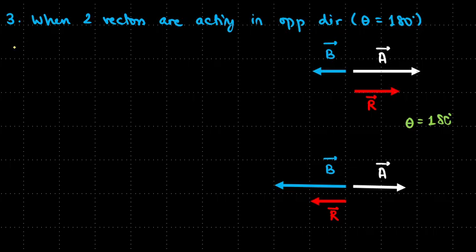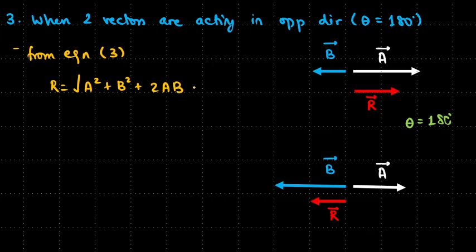So let's start from equation number 3. From equation 3, we know that resultant r is going to be the square root of a squared plus b squared plus 2ab cos theta.